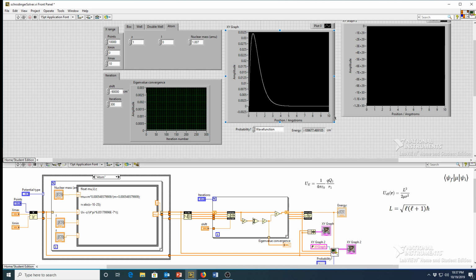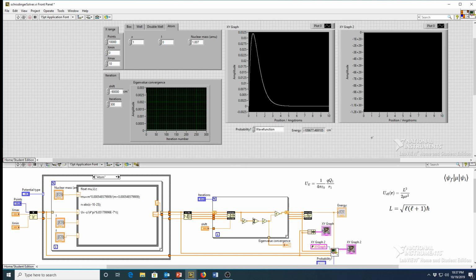But this is kind of like the radius, so nucleus and getting further away from it. Notice that I had the auto scale on, and so it looks like something has broken here, but it actually hasn't. It's just that this potential approaches infinity, or negative infinity, as you go to 0. So you get these really low values. So you just want to make sure your auto scale is off, and you want to type in something sensible here. And I know from experience that something like negative 200,000 inverse centimeters will give me a reasonable range.